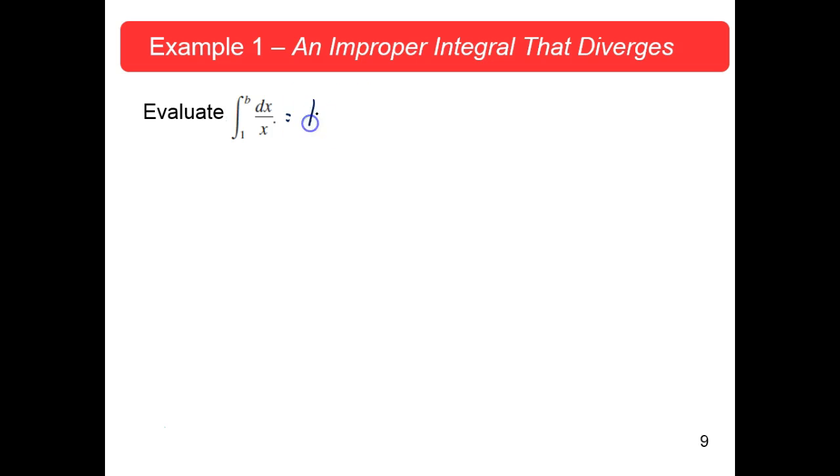That's log of x. Natural log of x evaluated from 1 to b. And what would that be? Log of b minus, what did you say? 0, exactly. Log 1 is 0. So, there's your answer. Could b approach infinity?